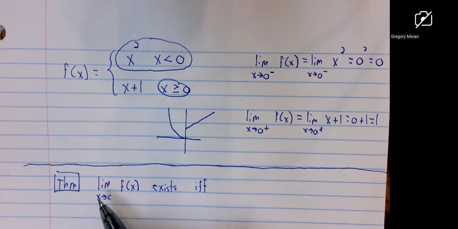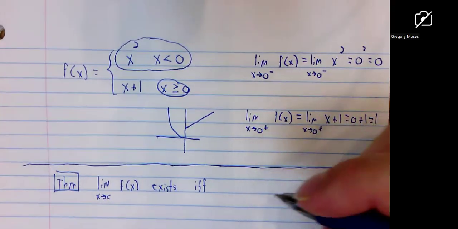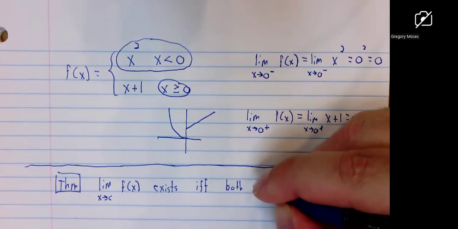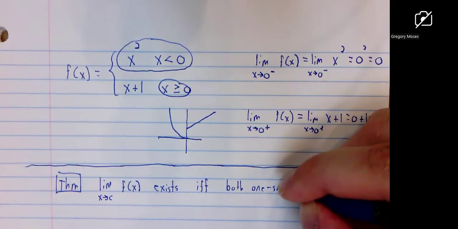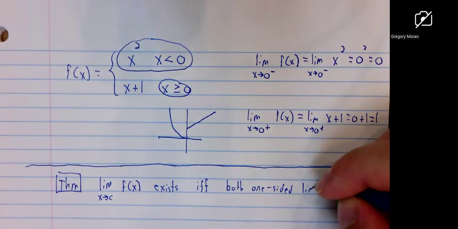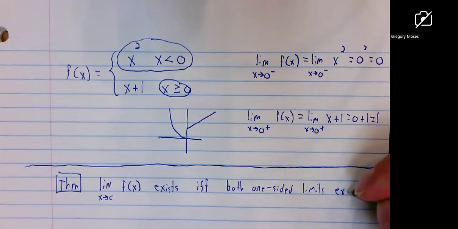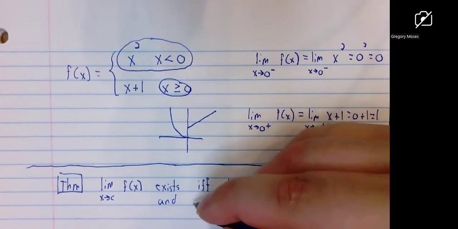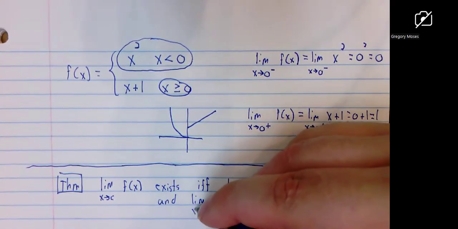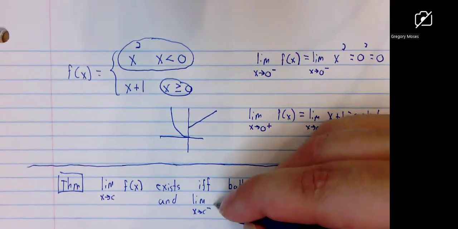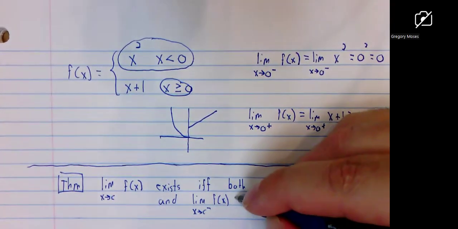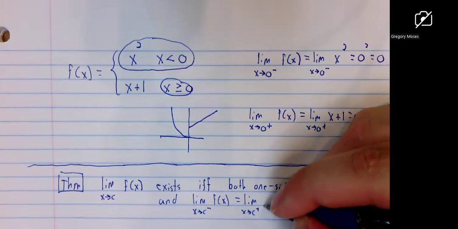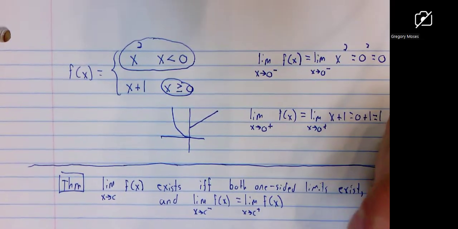The regular two-sided limit exists if and only if both one-sided limits exist and the one-sided limits are equal. The limit from the left equals the limit from the right.